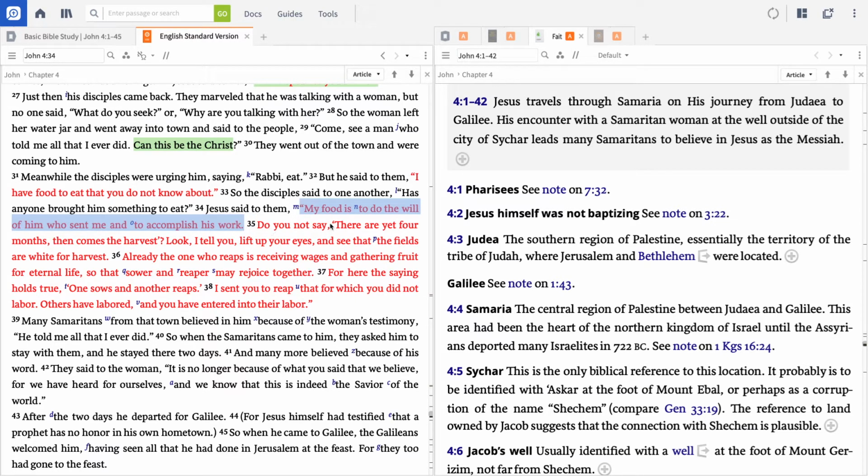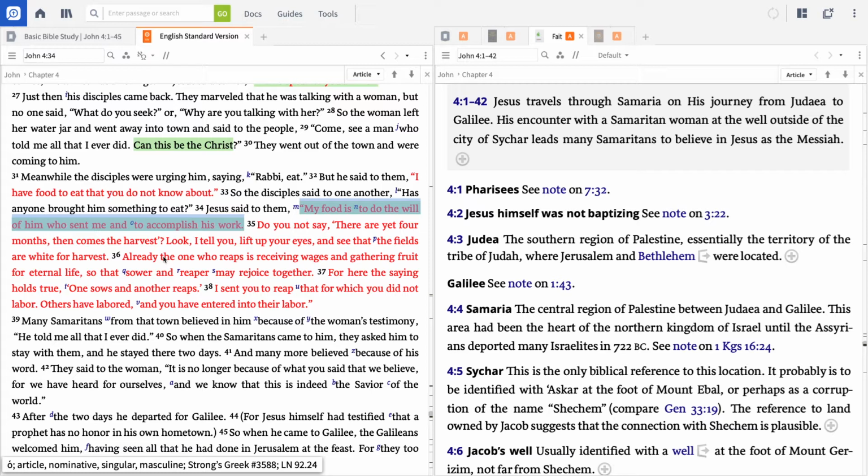"Do you not say, there is yet four months, then comes the harvest? Look, I tell you, lift up your eyes and see that the fields are white for harvest. Already the one who reaps is receiving wages and gathering fruit for eternal life, so that the sower and reaper may rejoice together.